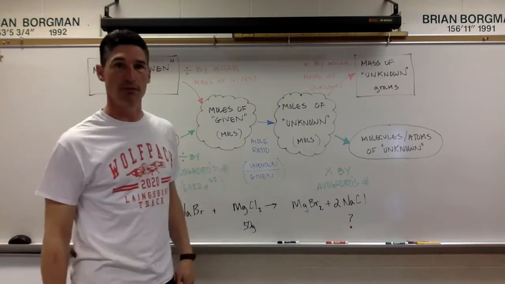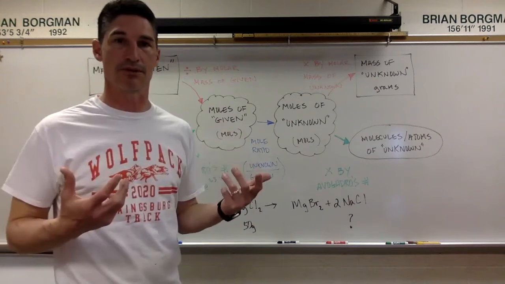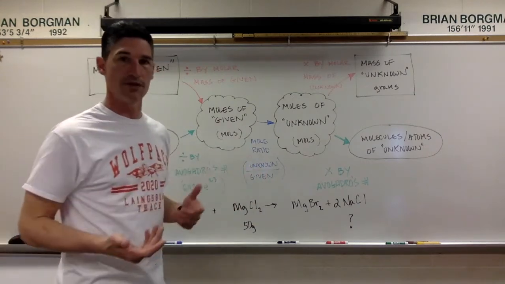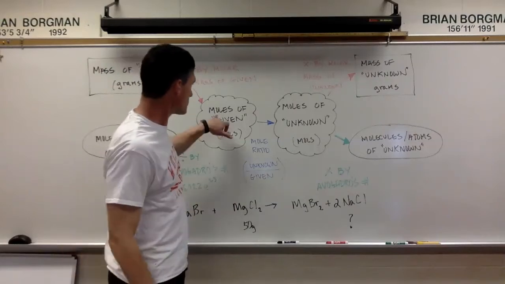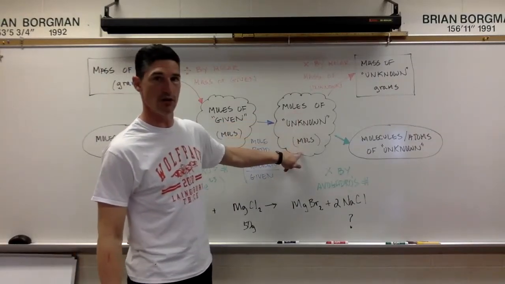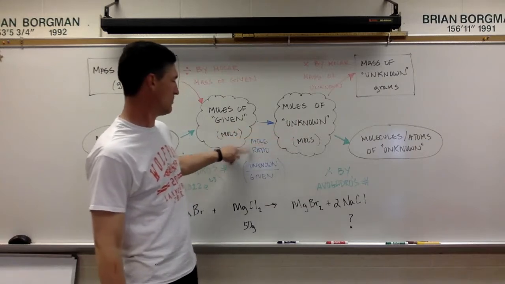Then you're going to do something called the mole ratio. Whenever you're doing stoichiometry, you have to compare apples to apples, so to speak. The way to do that is moles: moles of one thing versus moles of another, the moles of the given and the moles of the unknown. In order to convert from one to the other, we do the mole ratio.